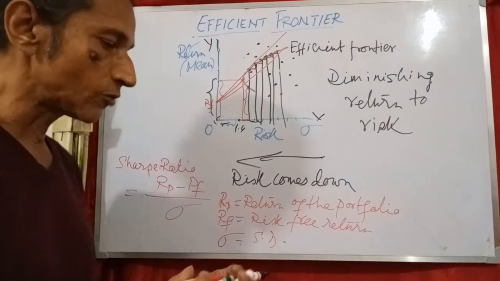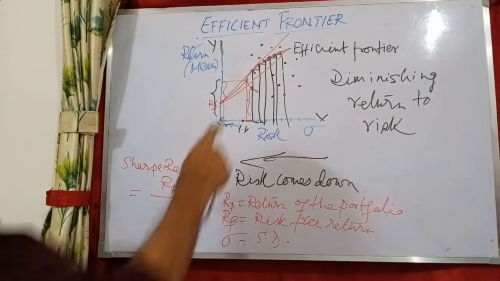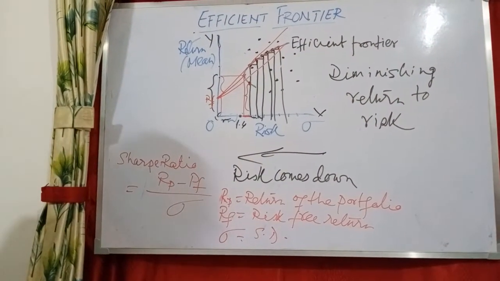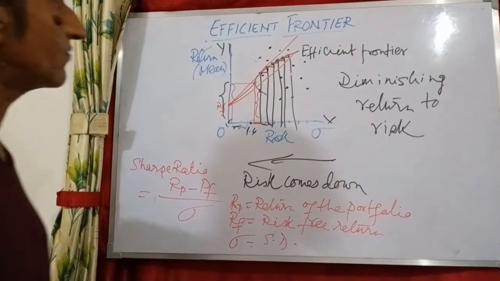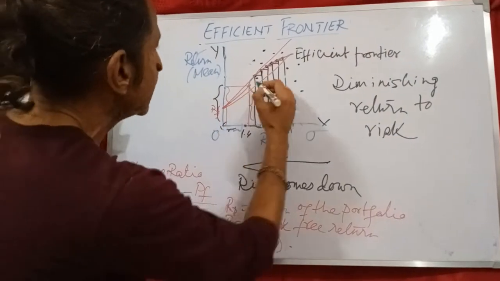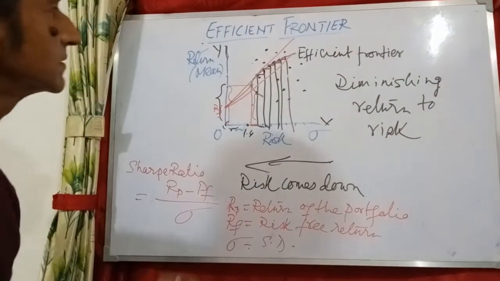Now for each optimal portfolio on the efficient frontier, we can derive a Sharpe ratio. Say for example, at this point, what is Sharpe ratio?